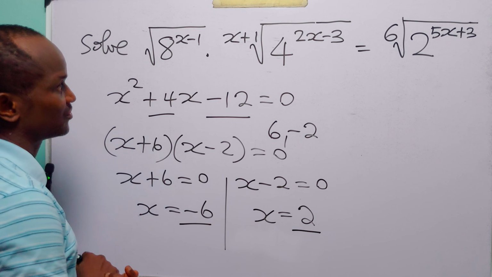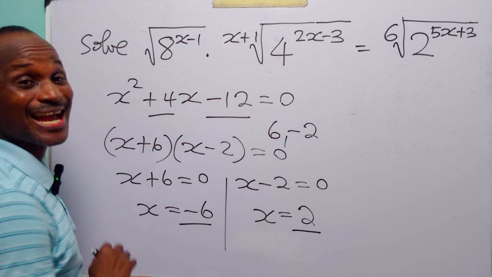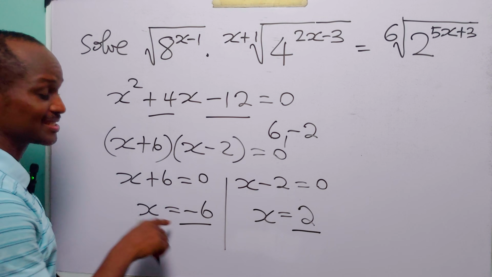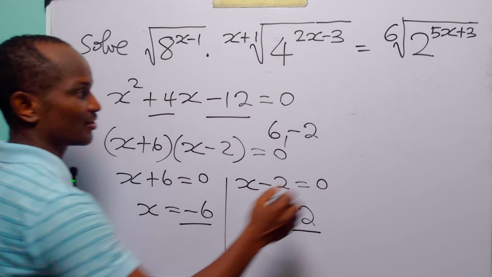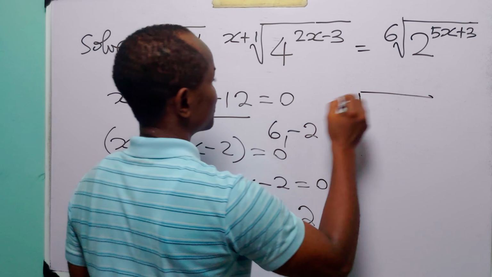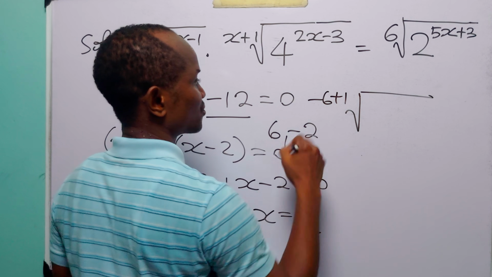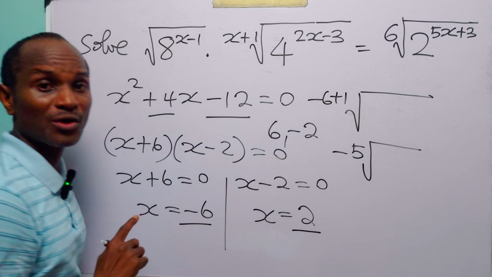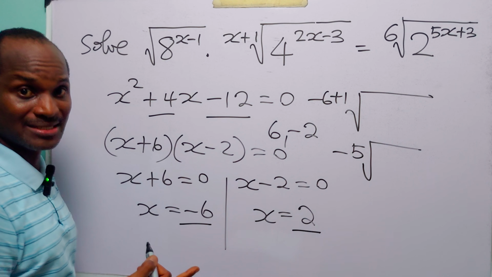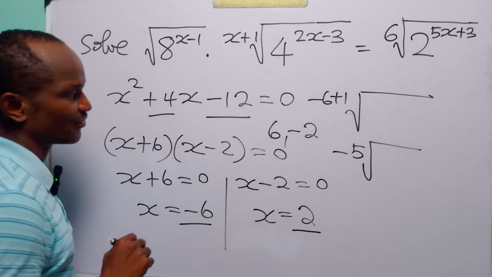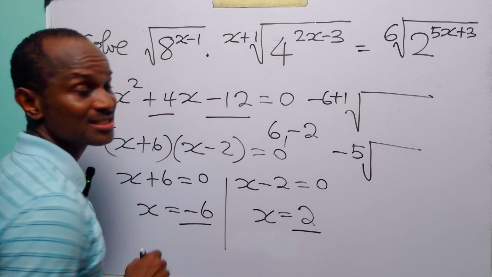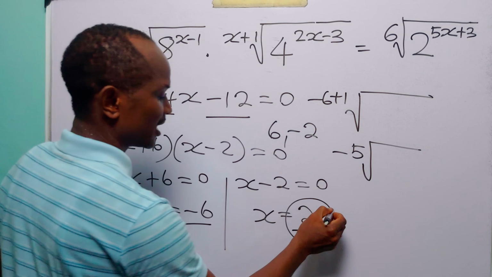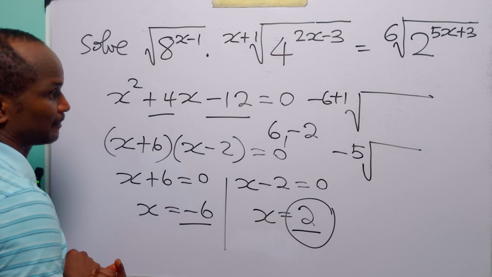But now let us go back to the equation. Here we have the root x plus 1, and when x is equal to minus 6, then we are going to have the root minus 6 plus 1, which is equal to minus 5. And I do not think that this makes sense mathematically. So the only value of x that satisfies this equation is x equal to 2.